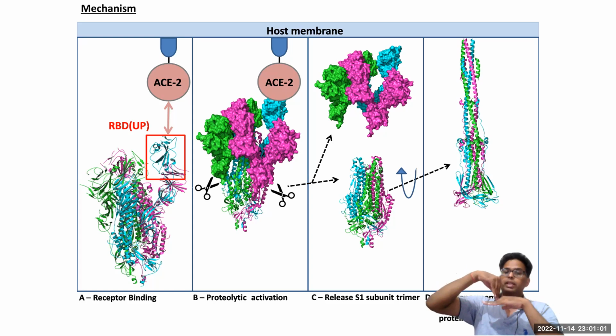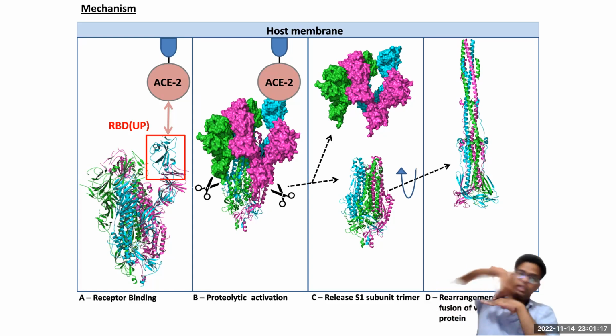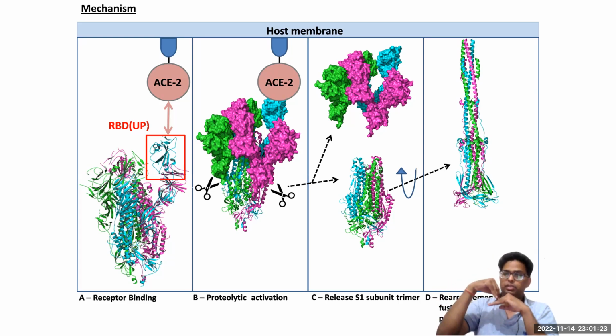Now after that, this is the spike S2 region, this is the human ACE2 receptor, sorry, human cell surface, and this region is called the S2 region, and this is the COVID. So now when it comes and binds, after that it just moves like this because it binds with this region.